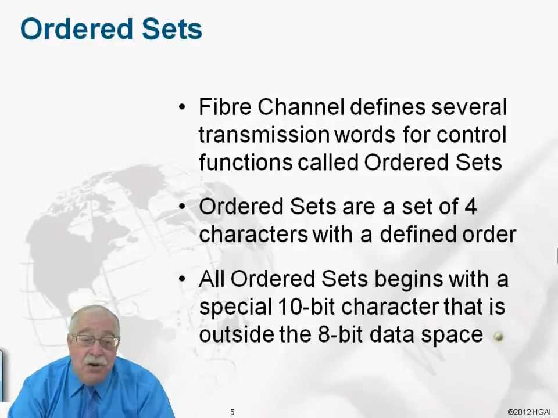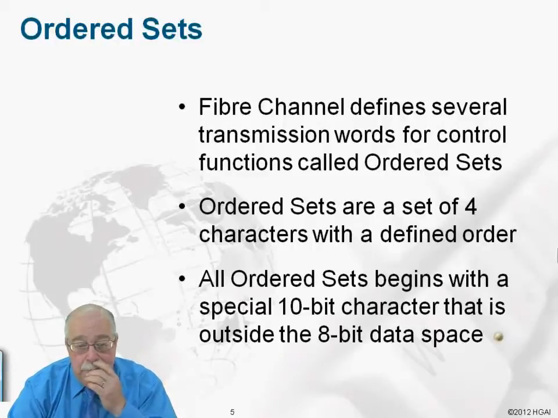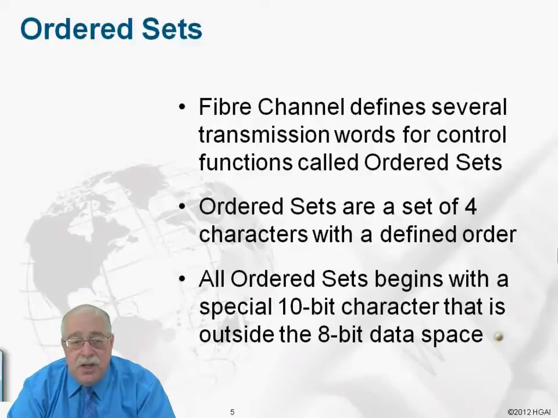Am I going to need all 1024 combinations? No, I'm only going to need 256 of them, which means that I have 10-bit combinations that I don't have to use to represent data, that I can use to represent something else. And again, that something else is an ordered set.